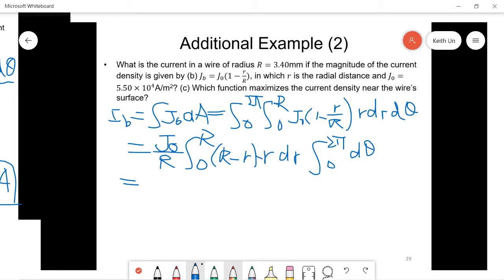So in this case, we have J0 over capital R times R cubed over 2 minus R cubed over 3, times 2 pi.